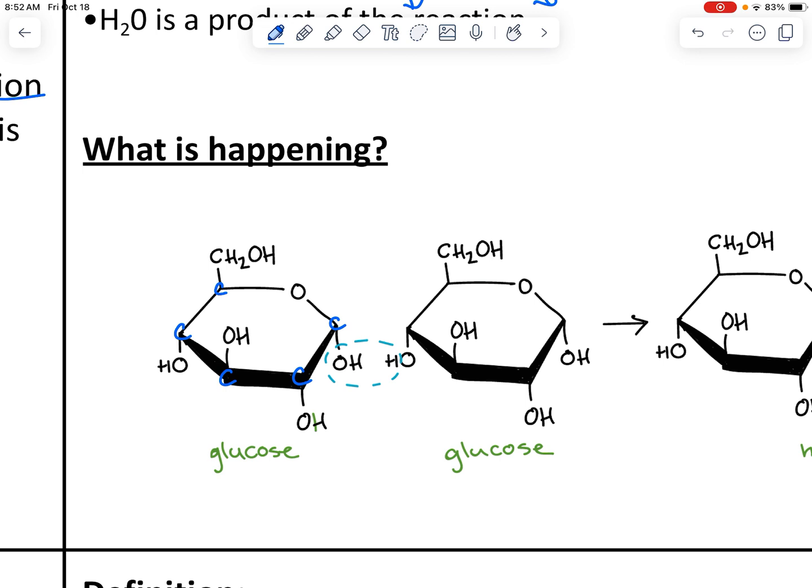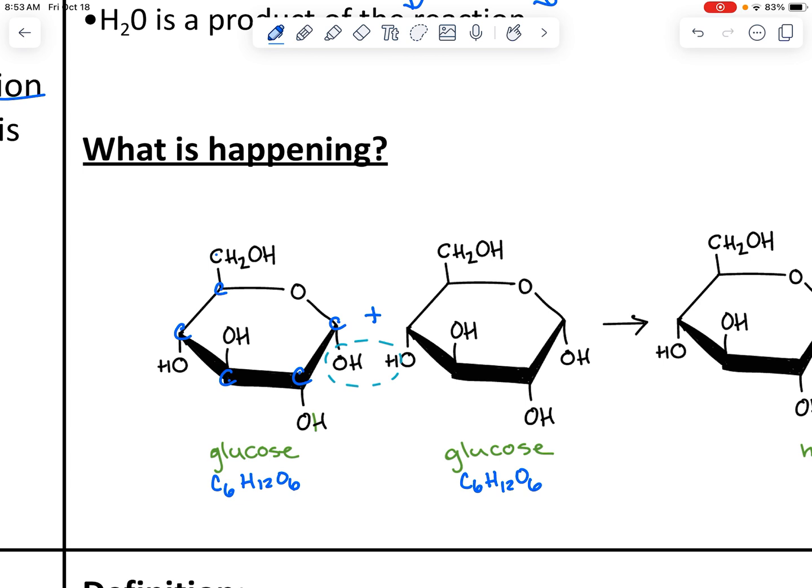Now if we count the carbons, 1, 2, 3, 4, 5, and 6. I'm not going to go through all of it, but if I count everything here, this is C6H12O6. Okay, that's glucose. And I'm going to put a little plus sign there. I'm adding a glucose to another glucose, C6H12O6.